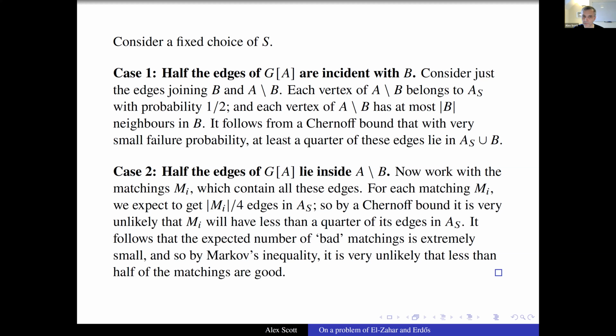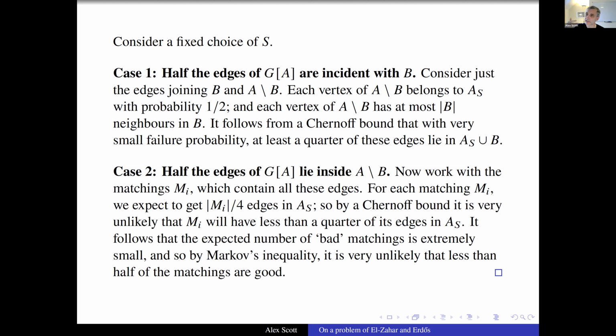Okay, so the matchings contain all the edges that lie inside A minus B. And now if we look at just one matching at a time, we expect to have a quarter. So by a Chernoff bound, the probability that MI will have less than, there should be an eighth rather than a quarter of its edges.